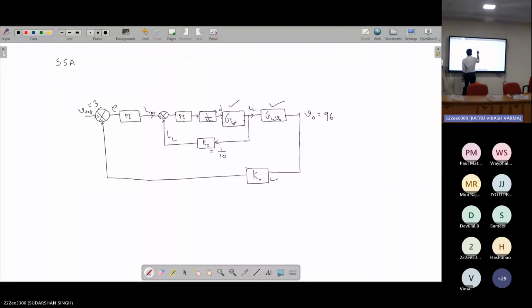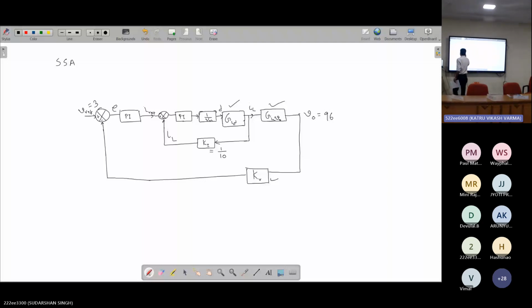So this is basically a kind of unity you can consider. Whether you consider that block or not, it will not affect anything. So now we need to get the transfer function between inductor current and duty ratio, and output voltage and inductor current.